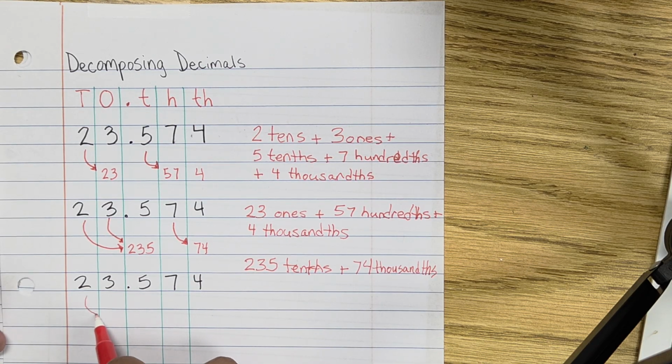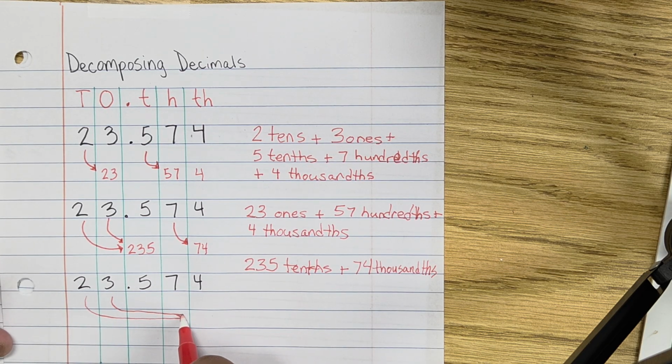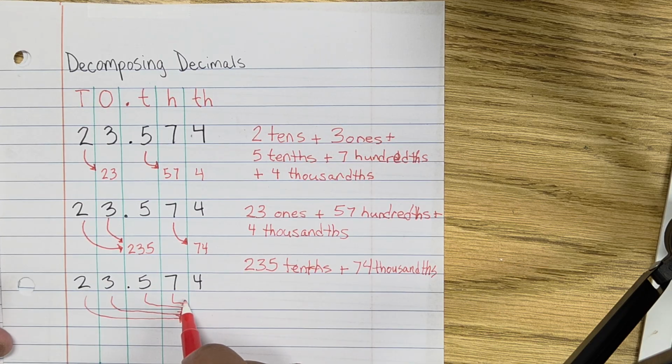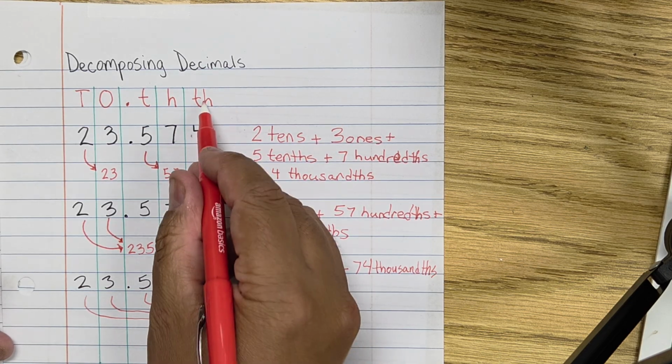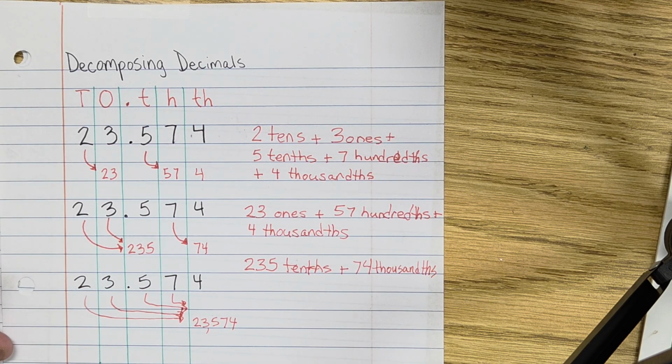So if we moved the 2 into the thousandths, and the 3 into the thousandths, and the 5 into the thousandths, and the 7 into the thousandths, what we would have would be 23,574 thousandths. And that's exactly how I would write that: 23,574 thousandths.